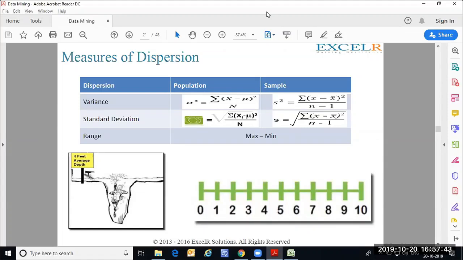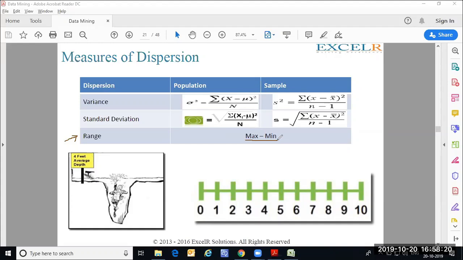Now, the third measure of dispersion to understand the spread of the data is range. The range is nothing but the difference between the maximum value of a variable and its minimum value. By looking at the minimum and maximum, at a first level, we get to understand the spread of the data, between what values.